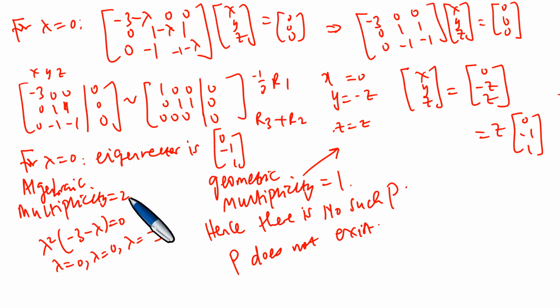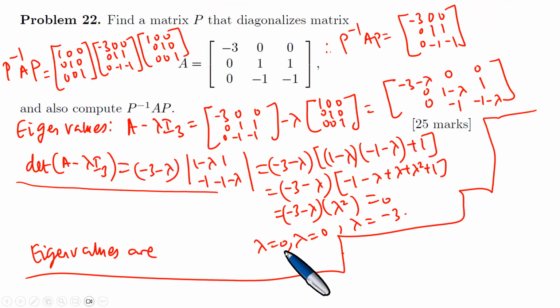Since this geometric multiplicity is not equal to the algebraic multiplicity, you see, lambda squared gives two eigenvalues that have the value 0, 0 twice, because it's lambda squared.